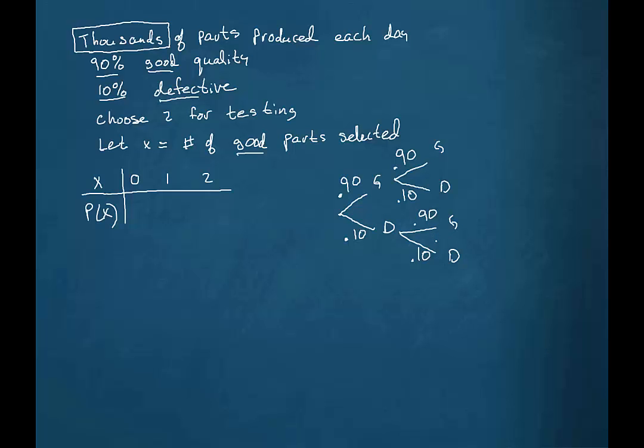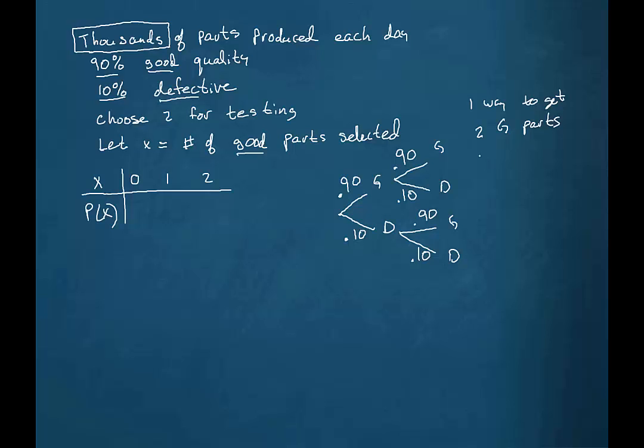So if we now examine this tree, we can see that there is one branch or one way to get 2 good parts, because there's only one branch out of this whole tree that contains 2 good parts.